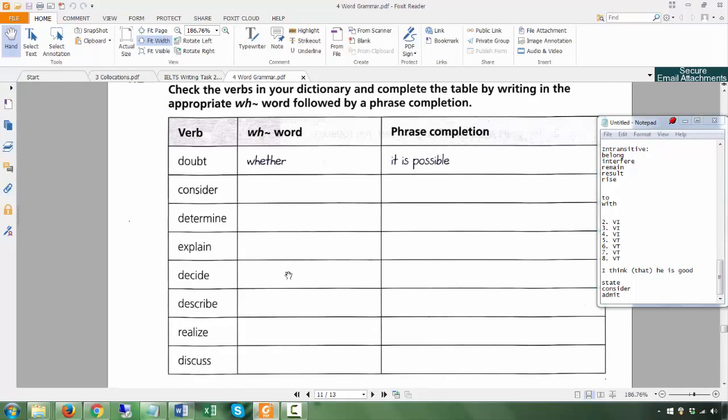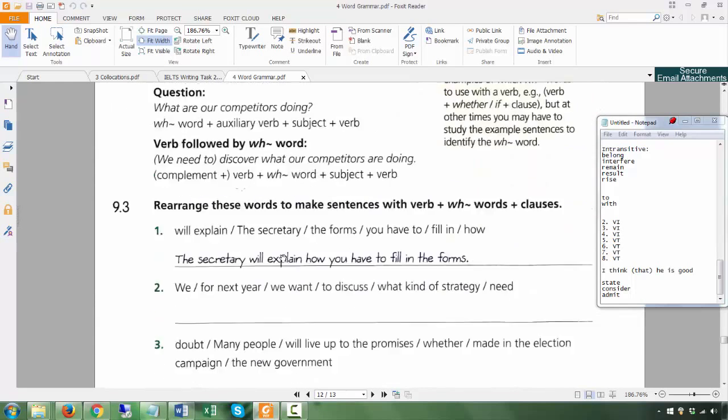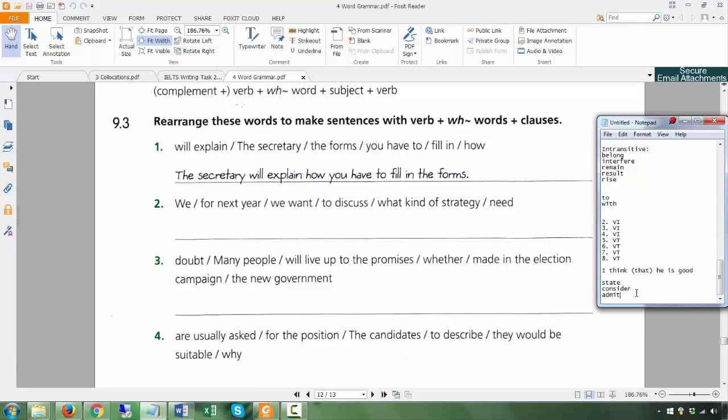All right? And lastly, for this, I'll go through this too. He's just basically rearranging and using this pattern with a verb that goes with a WH word. So number 2 is we need to discuss what kind of strategy we want for next year. So discuss is the verb, what.